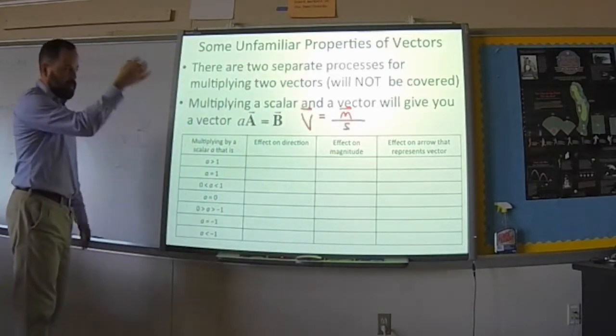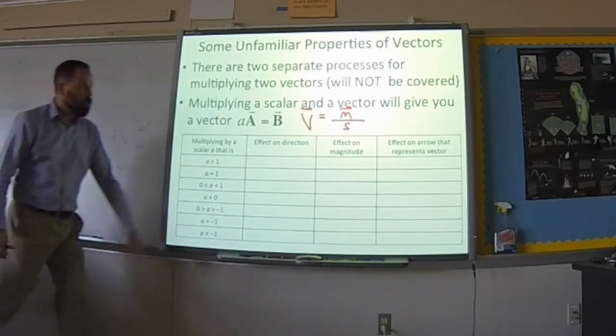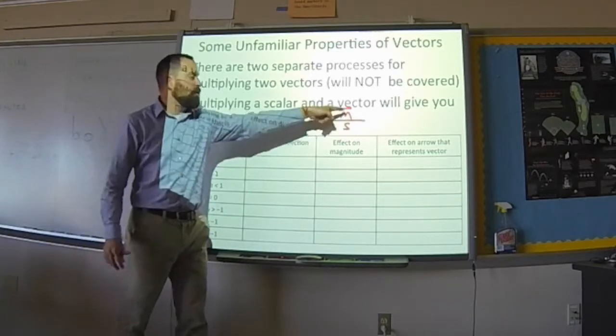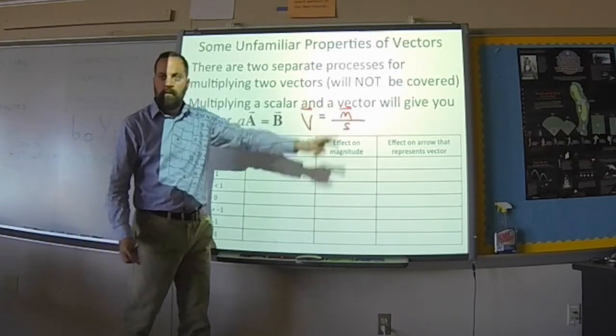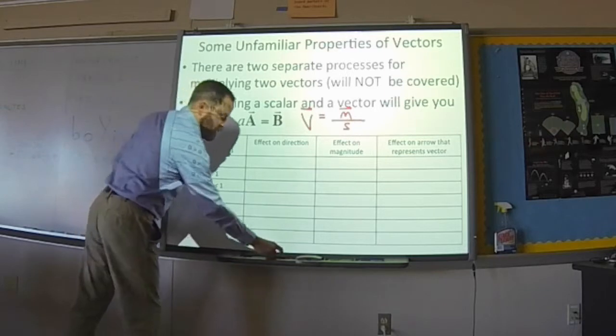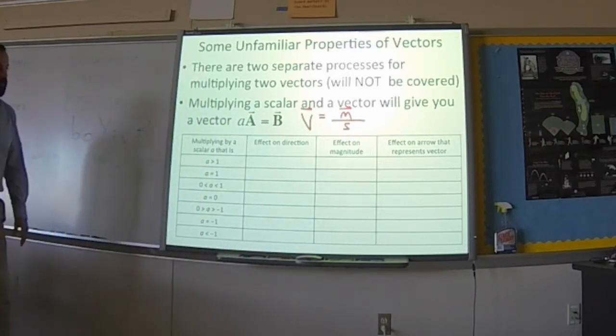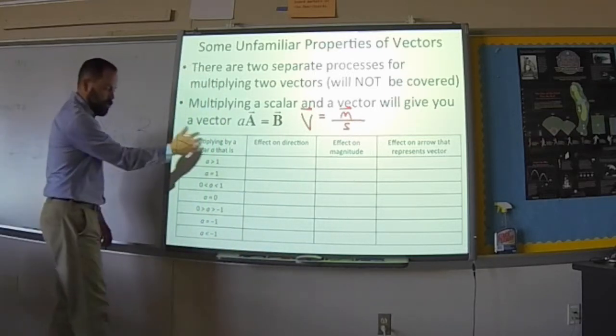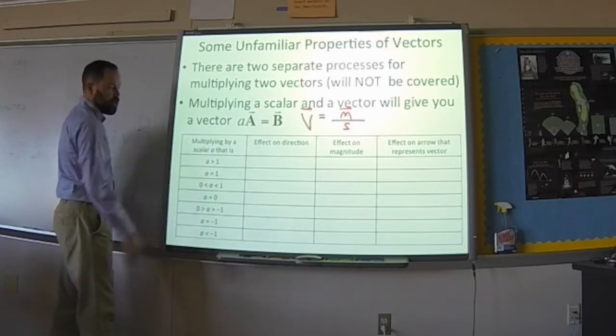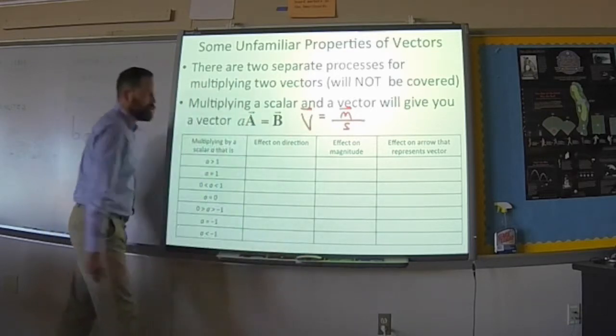Now, it's not multiplied, but divided, but it's the same type of thing. We have a vector made up of a vector and a scalar. If you multiply a vector by a scalar, you'll still get a vector. But depending on what the scalar is, that'll change your original vector.